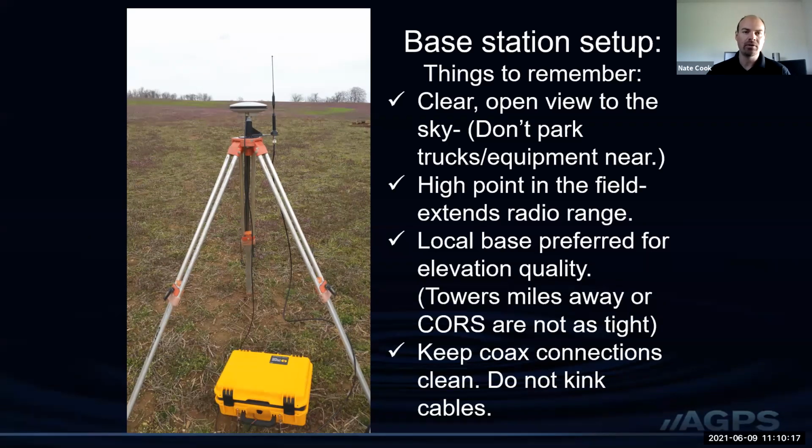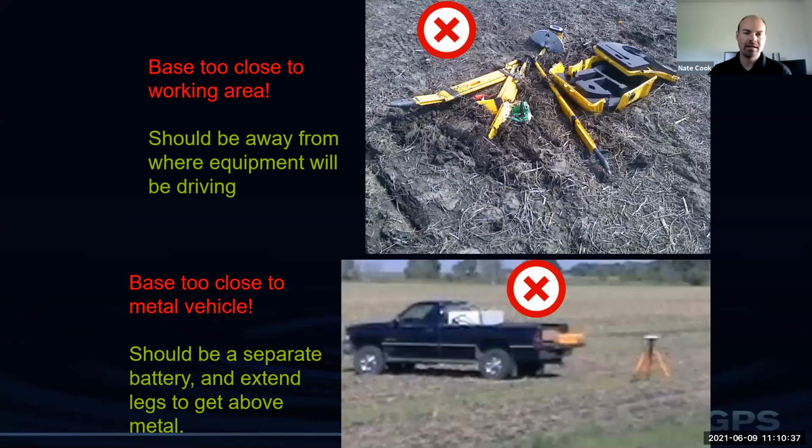And there's often questions about using tower base stations that are miles away. And the answer is usually that's not as ideal for the elevation work required for adequate drainage install. Next slide, I have a couple pictures of some mistakes that have been made over time.